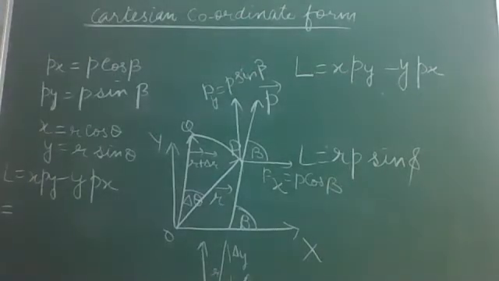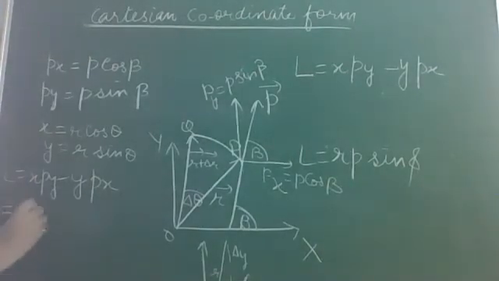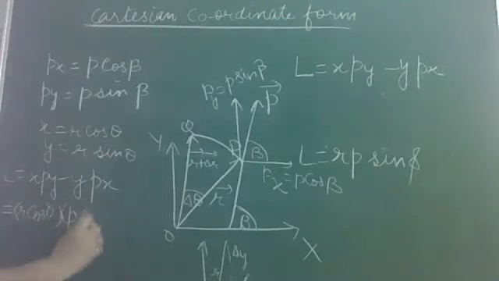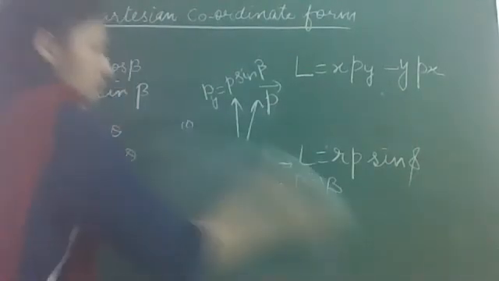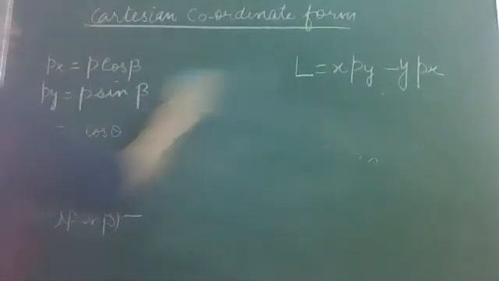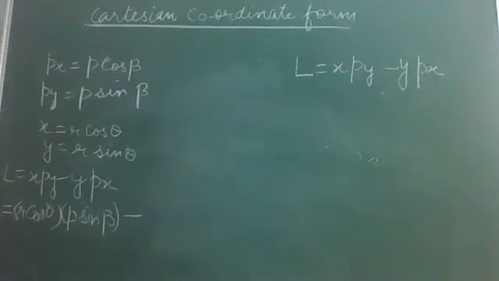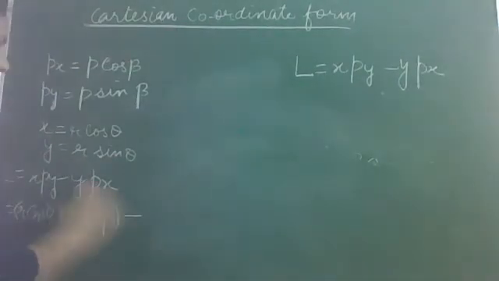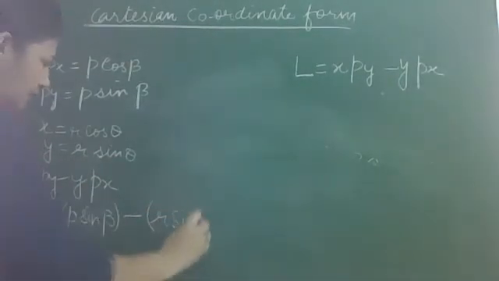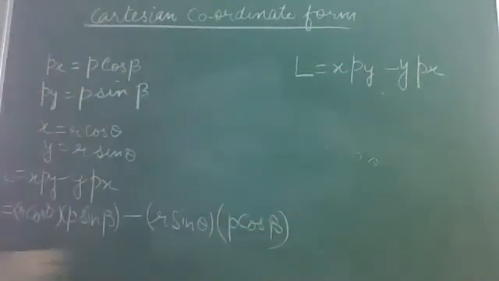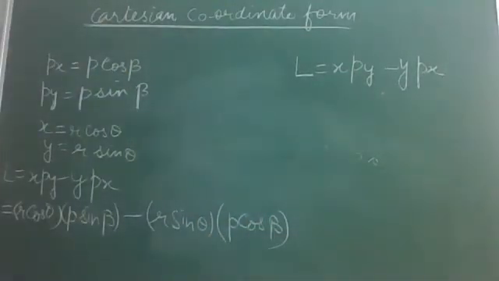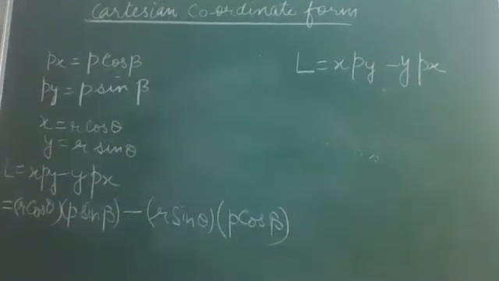So r cos beta times p sin beta, minus y, which is r sin theta, times px, which is p cos beta.